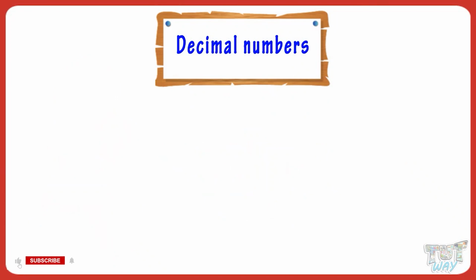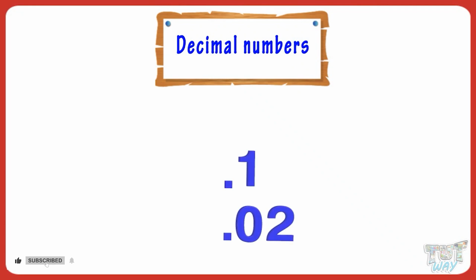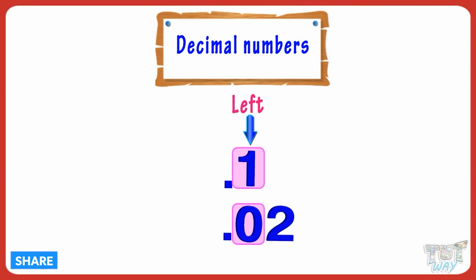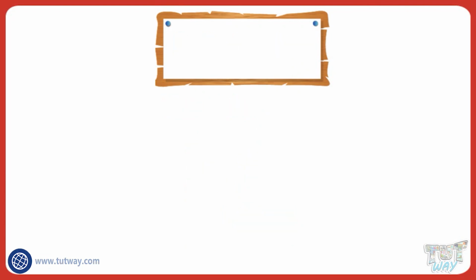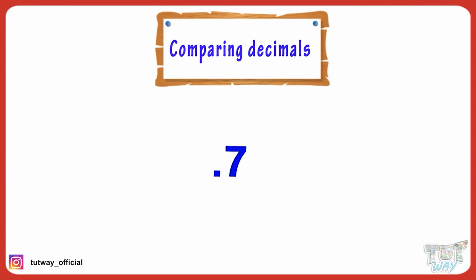When comparing decimals, begin on the left and look for the first place to compare the numbers. It's just the same way we compare our whole numbers. Now let's take an example. Let's compare 0.7 and 0.07.